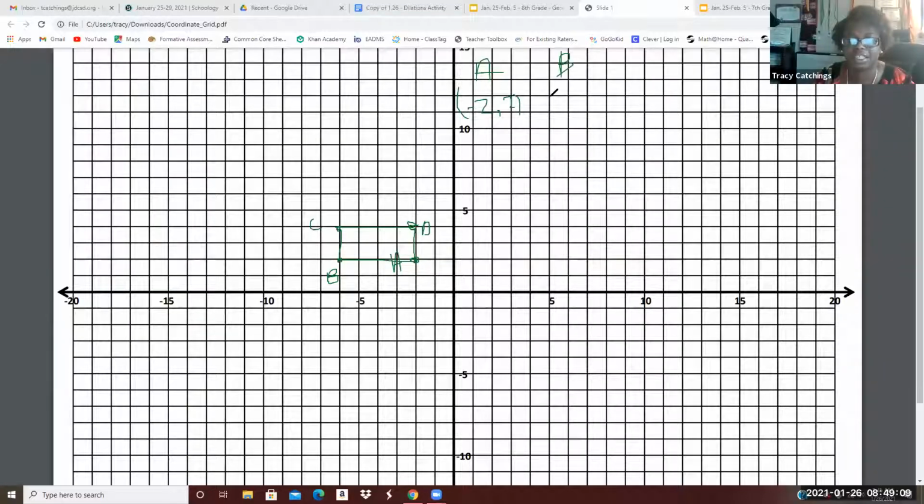All right, this time, what did they tell us happened? It said dilate these points by the scale a half. All right, what does that tell us to do, Stephen? Multiply by half. Good job. Multiply by a half or divide by 2.